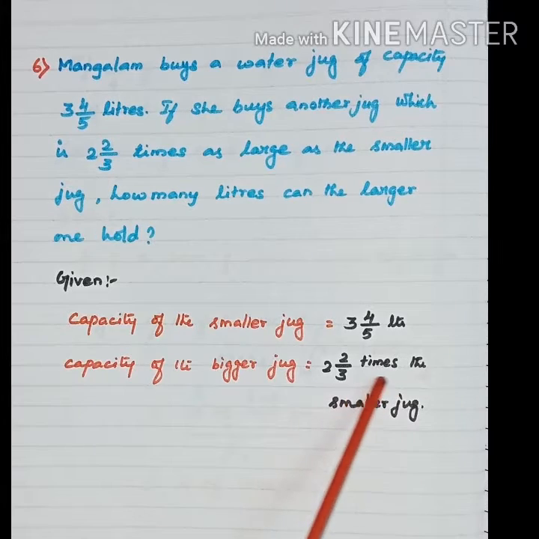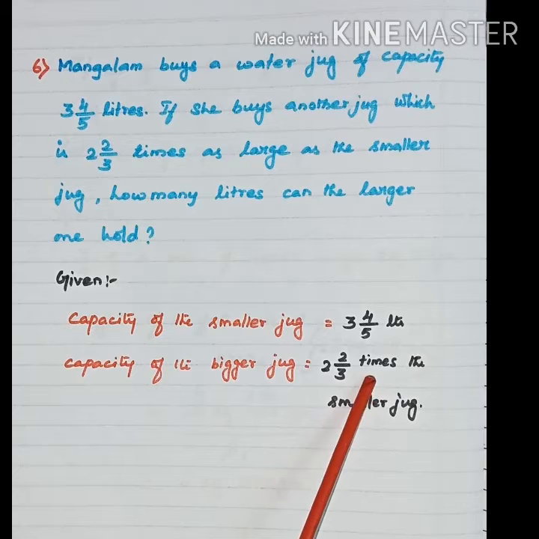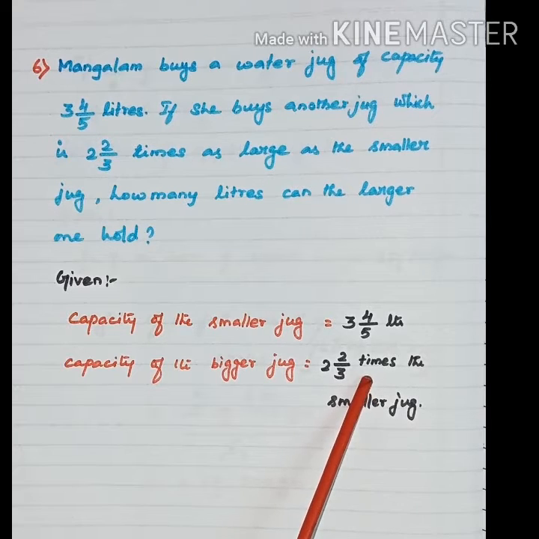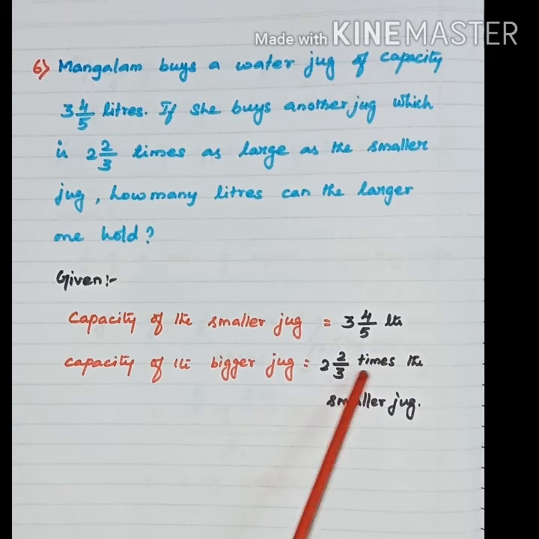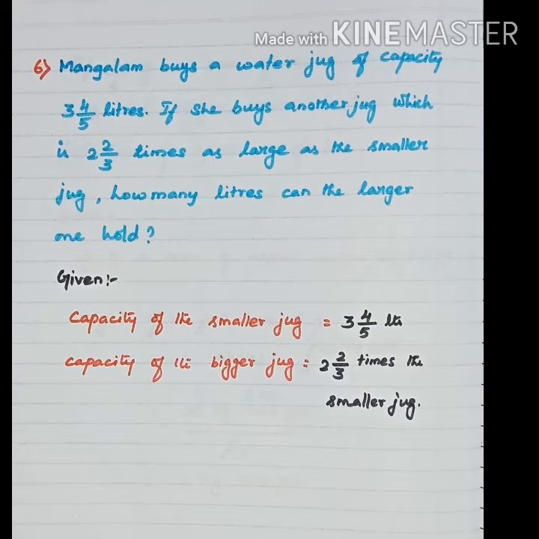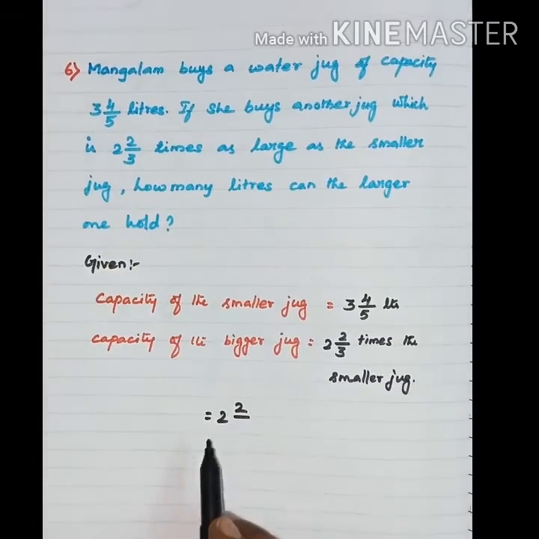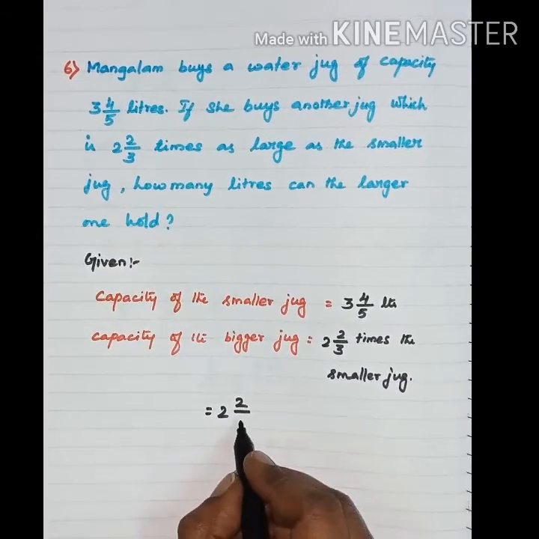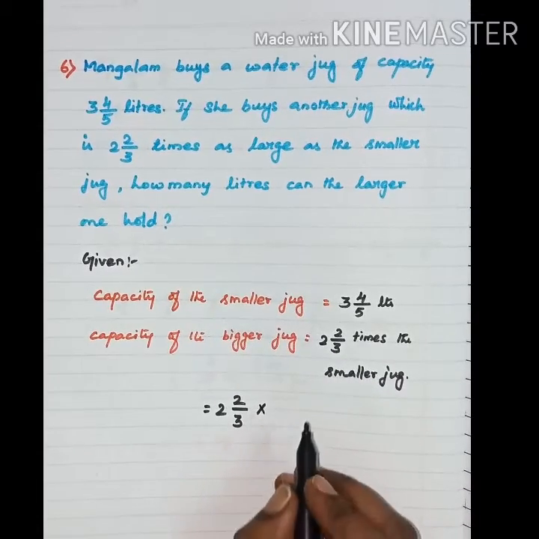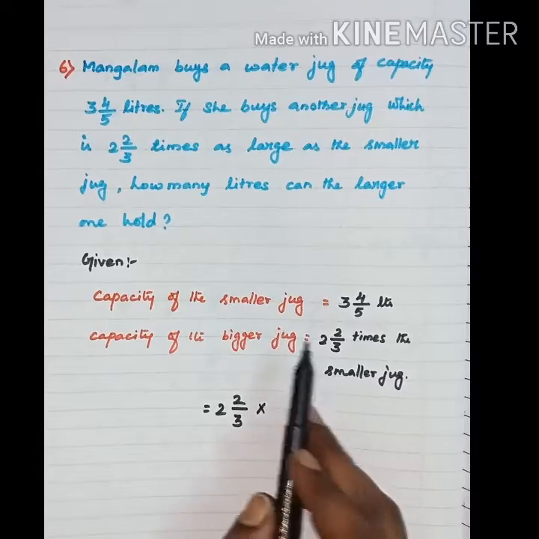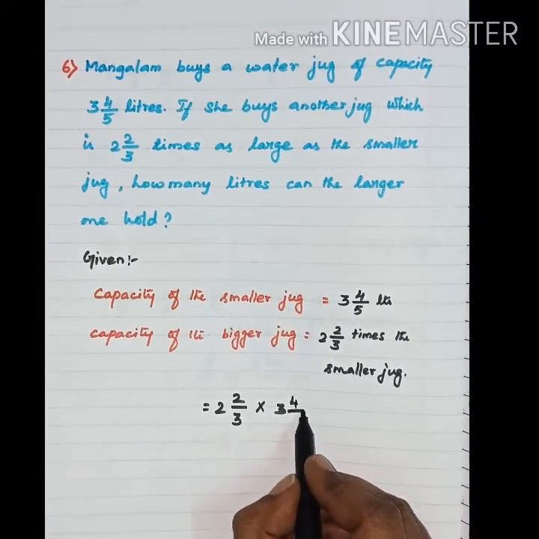The word times comes. You have to multiply. Instead of times, you have to put the multiplication symbol. 2 2/3 times, we have to put multiplication symbol. The capacity of the smaller jug is nothing but 3 4/5.